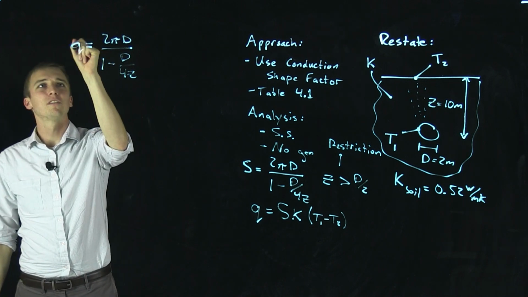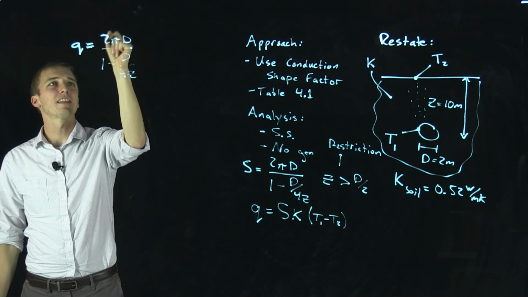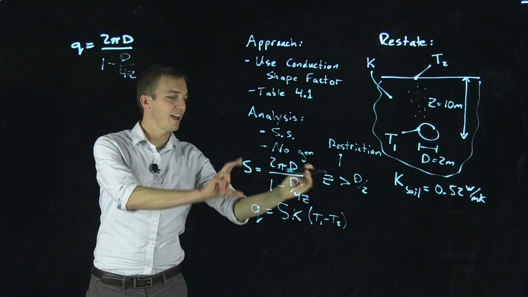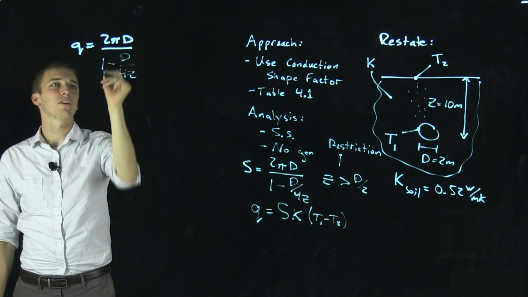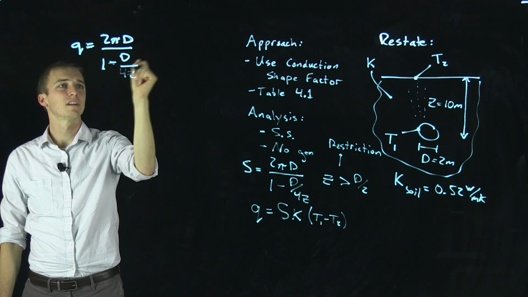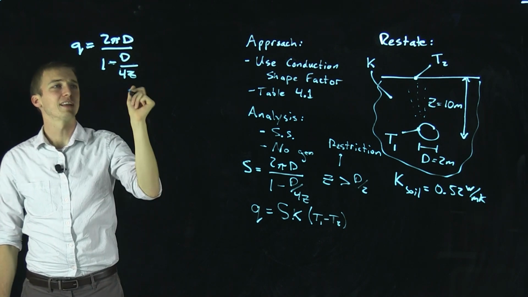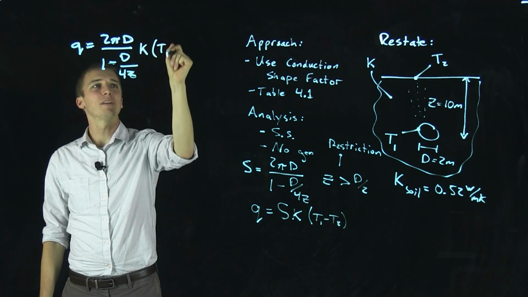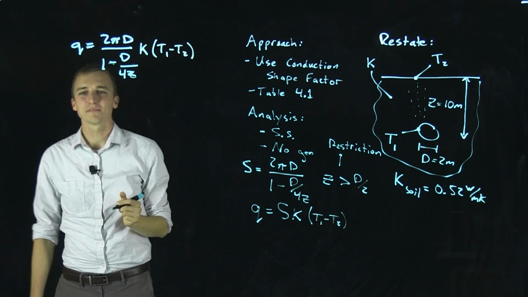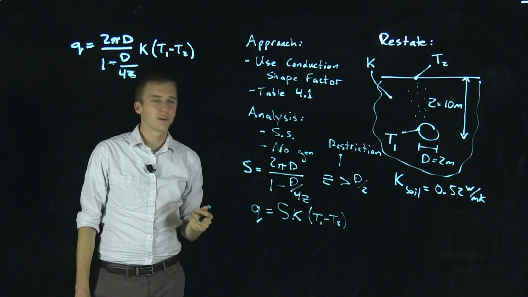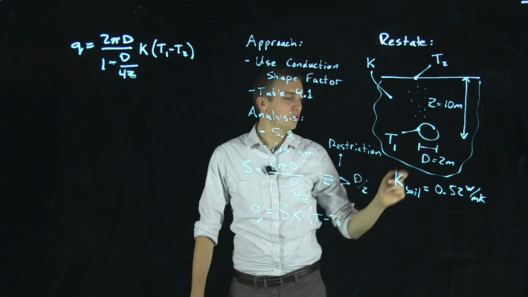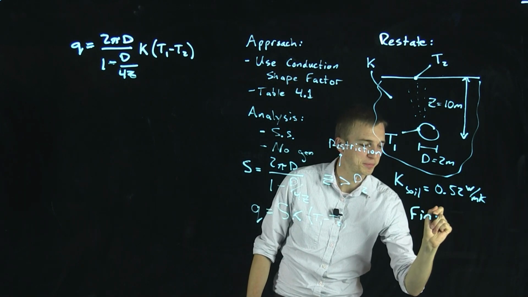Okay, so just writing that out a bit more clearly, plugging our shape factor S into our heat transfer equation. So we plugged in S, we know K, and we know delta T. All right, so we know D, we know Z, we know T2. I didn't actually finish specifying our problem.